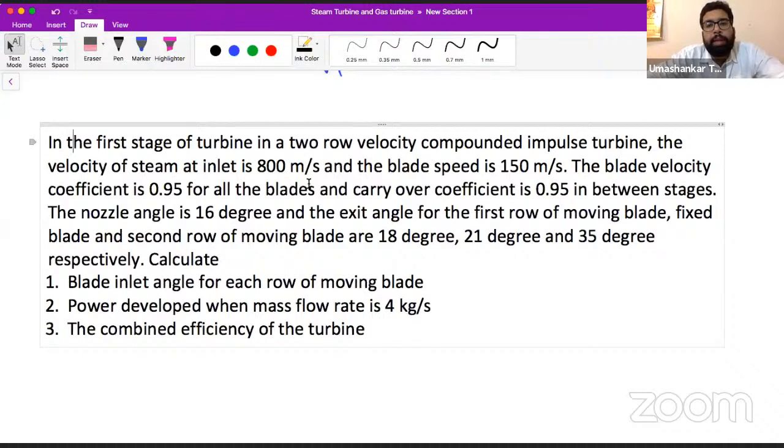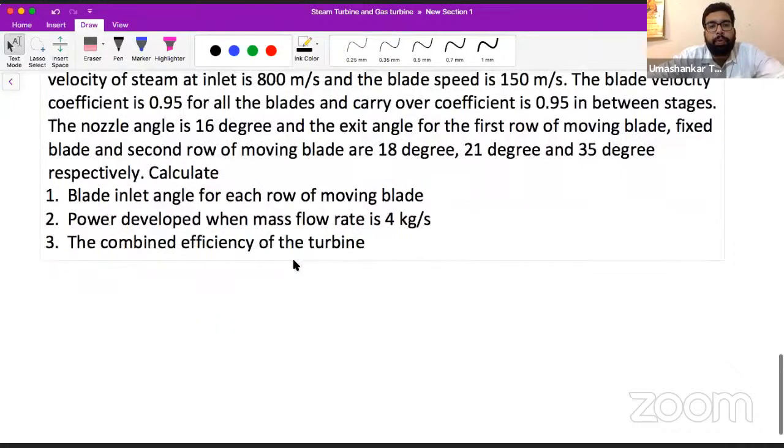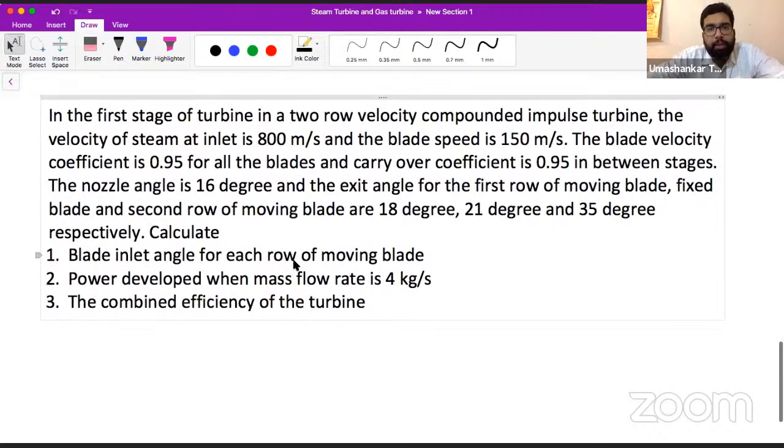The blade speed is 150 meter per second. So they are talking about the first stage of a two-row velocity compounded impulse turbine. So it is a velocity compounded turbine. What information is given to you? Firstly you try, then I will solve it.